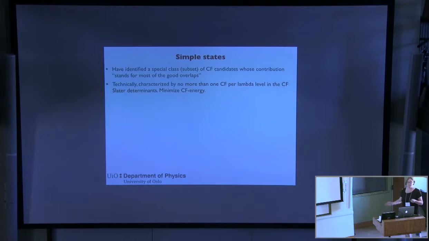And it's a natural thing to do because this subset corresponds to what you get if you naively think that minimizing the cyclotron energy of the particles in the composite fermion lambda levels somehow translates to lowering the energy of the real state. So it turns out if you construct them such that there's no more than one composite fermion per lambda level, that is equivalent to minimizing the composite fermion cyclotron energy, and you only use those states, you still get extremely good overlaps, and you reduce the problem by quite a lot.